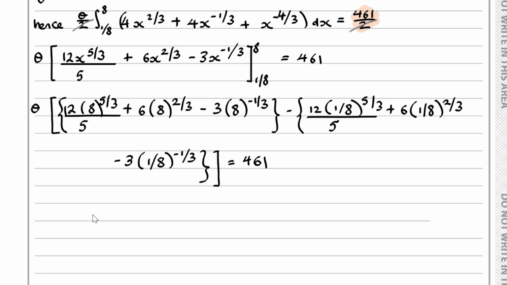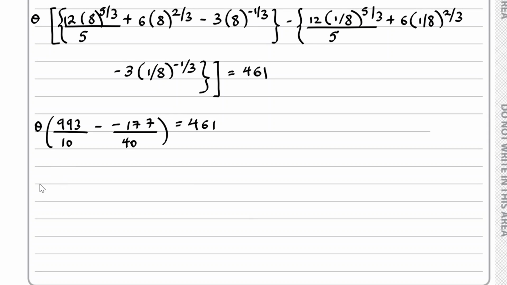So for the upper limit, if we work out what the upper limit is, we have 993/10. For the lower limit, we have minus 177/40. And obviously this is equal to 461.